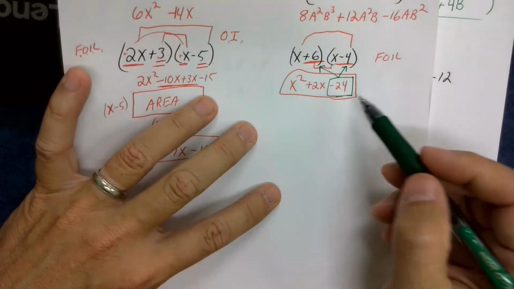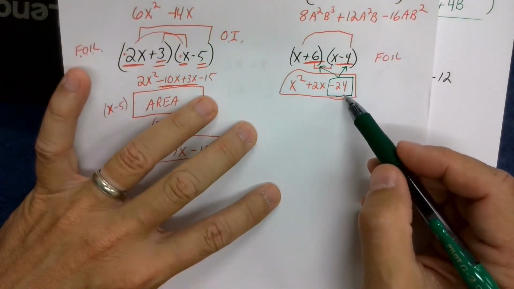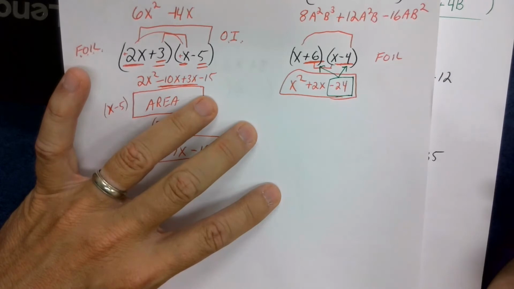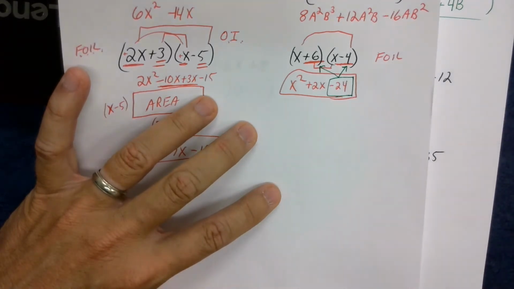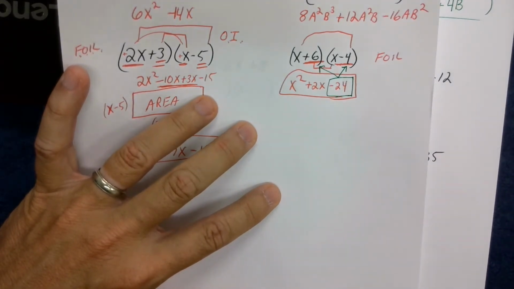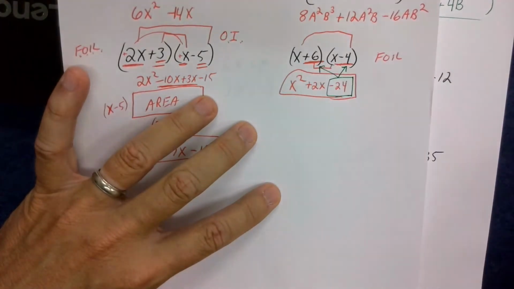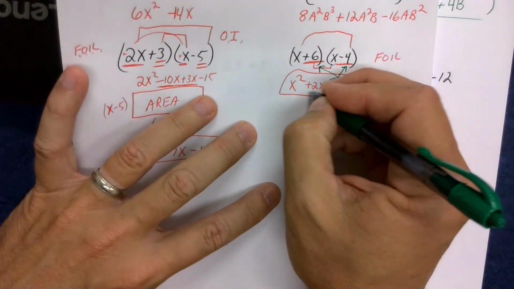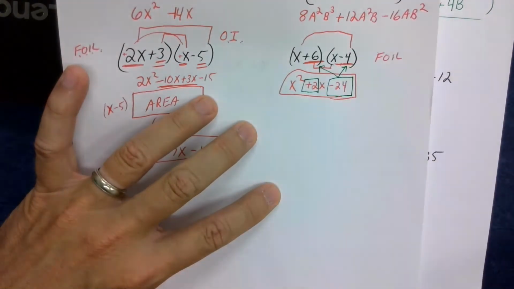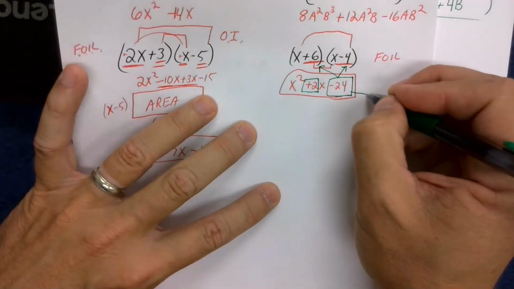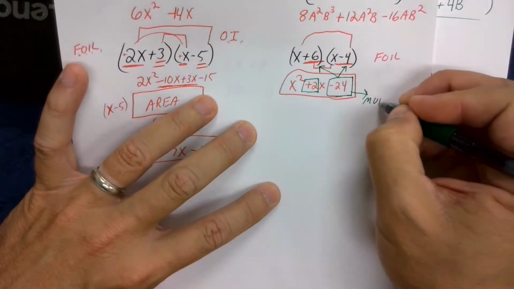So I'm going to ask you real quick, how do you think you get a minus 24 from a negative 4 and a 6? And hopefully you said, yes, you multiply them. Okay, so you get the last term by the multiplication of those two numbers. Well, I wonder if there's any relationship here. Okay, so this one was from multiplication.